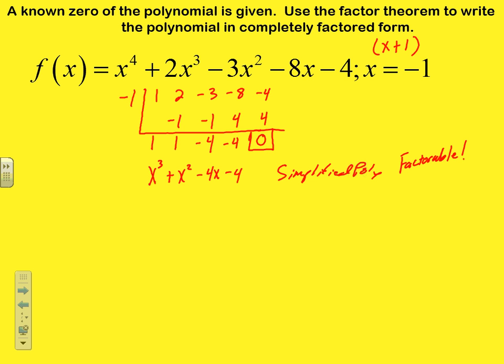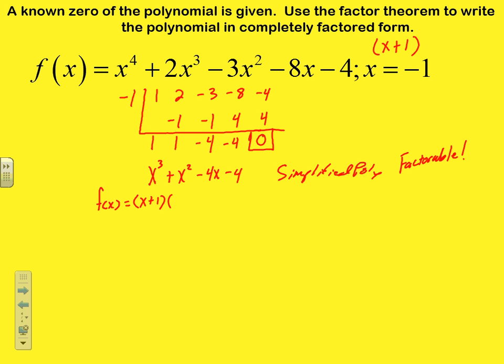It's factorable by grouping. We can factor out an x squared out of the first two terms and a -4 out of the second two terms. So let's rewrite the polynomial for what we have so far. We've established that the first factor was given to us, well, not directly, to be x plus 1.